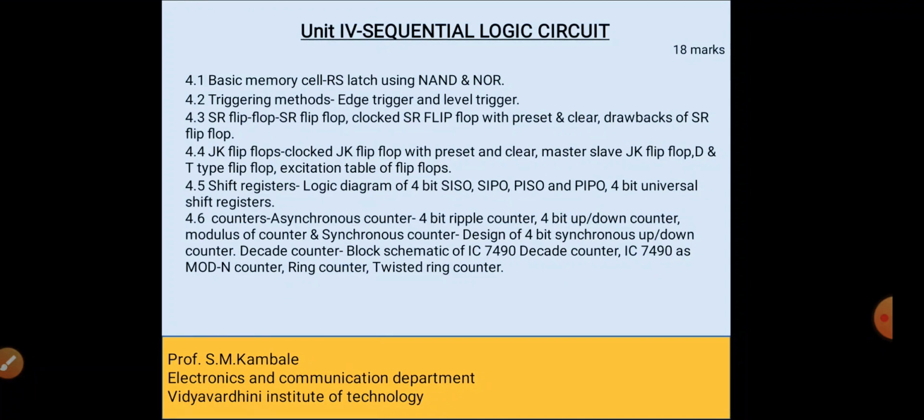A flip-flop is nothing but a memory storage device which will store the value of any one data. Okay, now RS is nothing but R for reset and S for set.